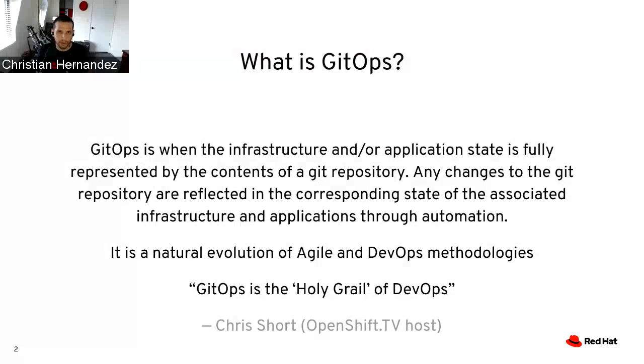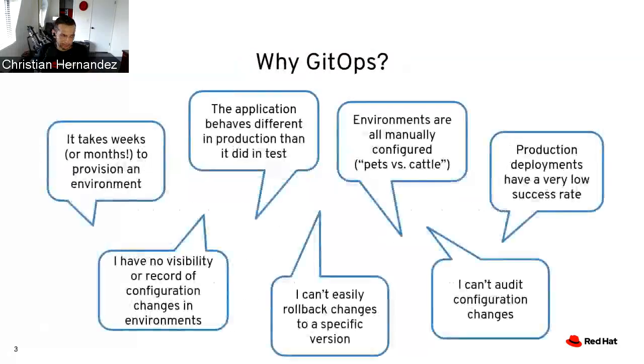So let's dive a little deeper into what I mean by that. First, why would I want to use GitOps? What's the advantage for me? Things like people saying, hey, it takes me weeks or months to provision a new environment. My application behaves differently in production than it did in test. I can't easily roll back changes.